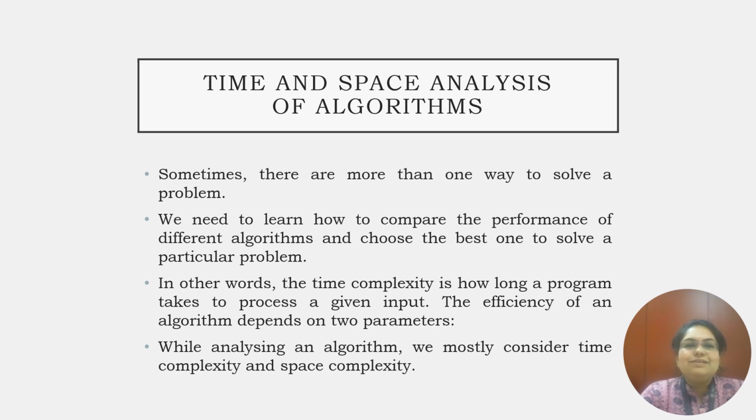While analyzing an algorithm, we can consider the time complexity as well as the space complexity. Space complexity defines how much memory space the particular solution will occupy. It also has to be in the optimal manner.